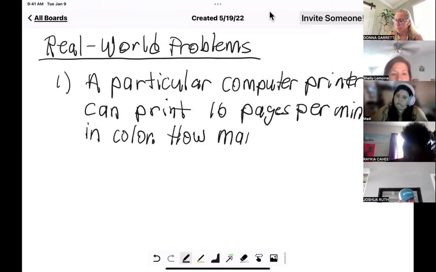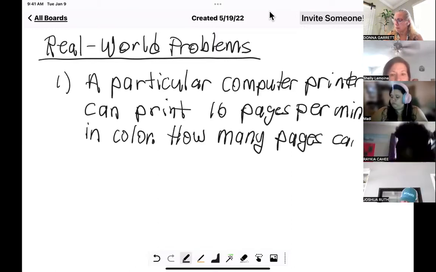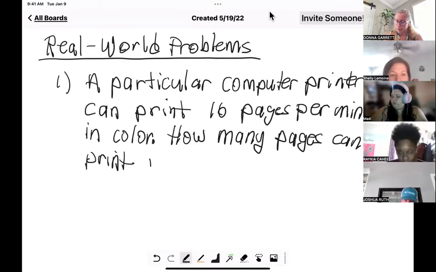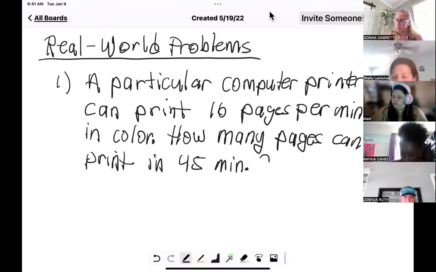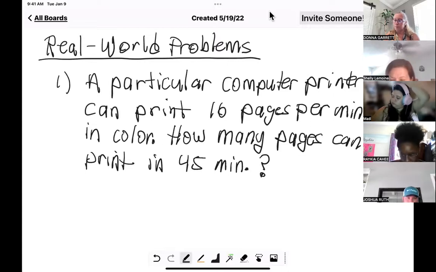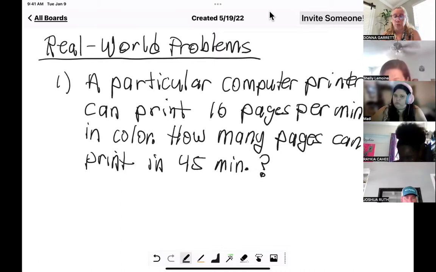How many pages can it print in 45 minutes? So you'll be printing for a while. You want to know how many you can print. Maybe you need to buy paper, right? You want to know how much paper you need. So you need to know how many pages it's going to print.